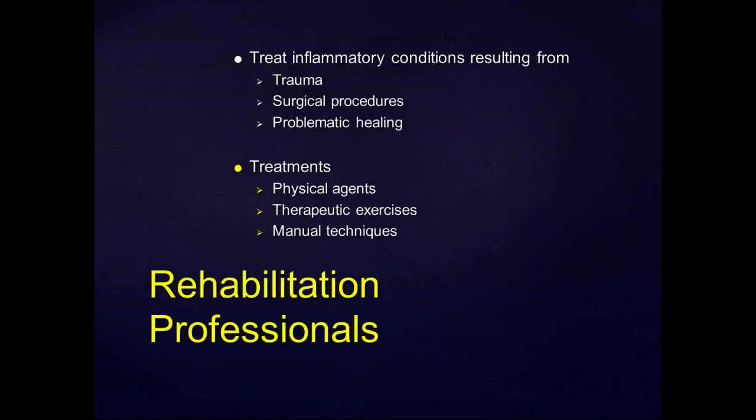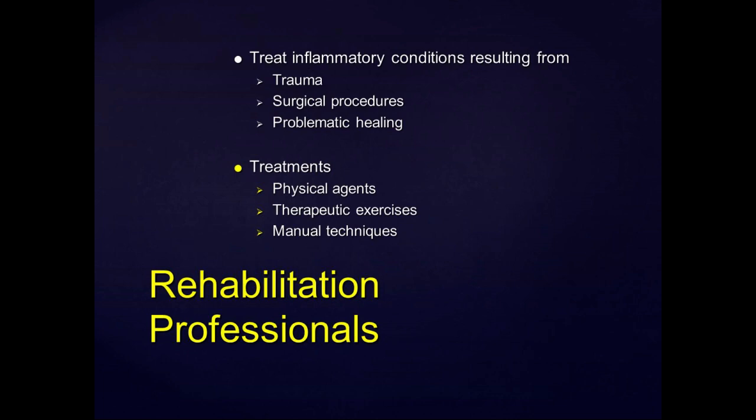So as rehabilitation professionals, we treat inflammatory conditions resulting from trauma, surgical procedures, sometimes problematic healing. The treatments we use are physical agents, therapeutic exercises, and manual techniques. So that's our bag of tricks. In this course, we're going to be talking about physical agents and starting into manual techniques.